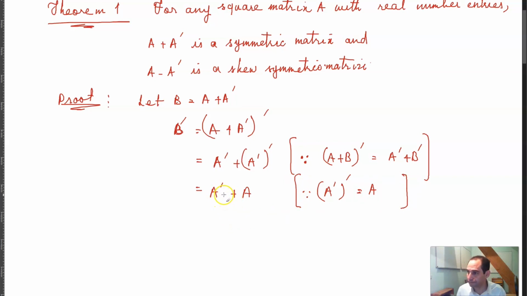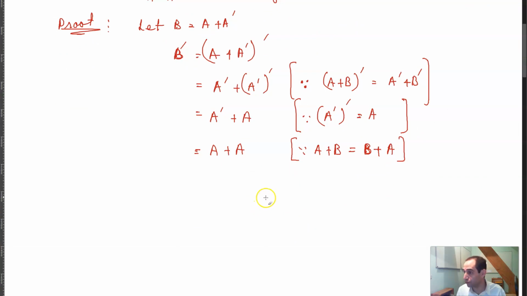And also we can write this as A plus A prime, because A plus B is equal to B plus A, meaning that matrix addition is commutative, right? So now A plus A prime is equal to B, which means that B prime is equal to B, and B is equal to A plus A prime.